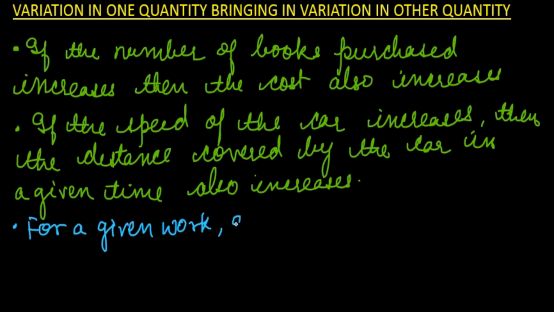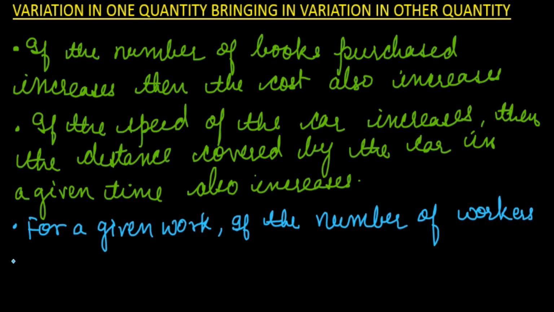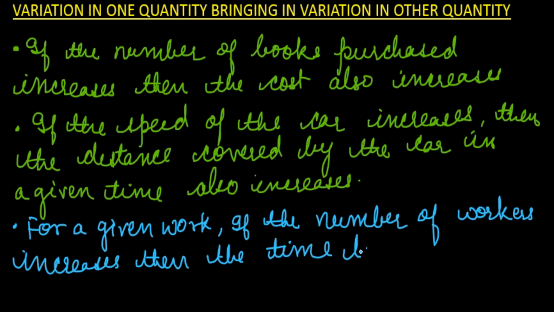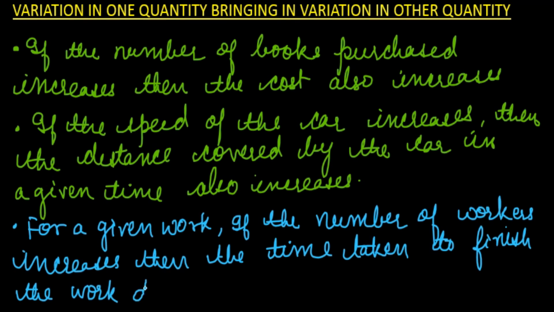So for a given work, if the number of workers increases, then the time taken to finish the work decreases. Now let us see all these scenarios one by one.